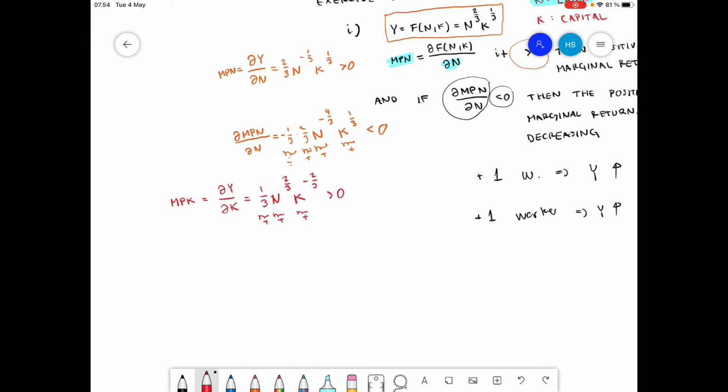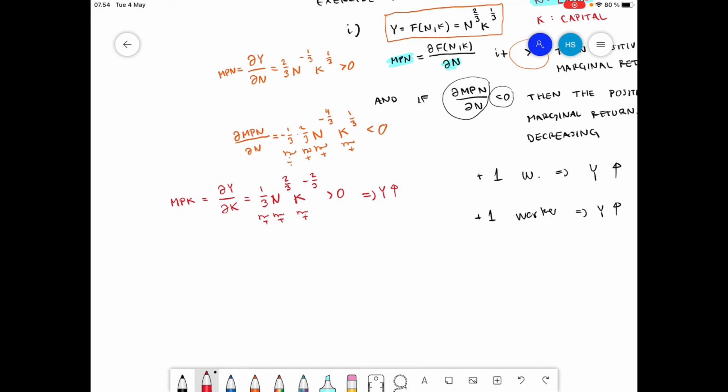That means that if I add one more machine to the production facility or one more unit of capital to the production facility, production will increase, okay? So production will increase. Is the marginal product of capital decreasing?